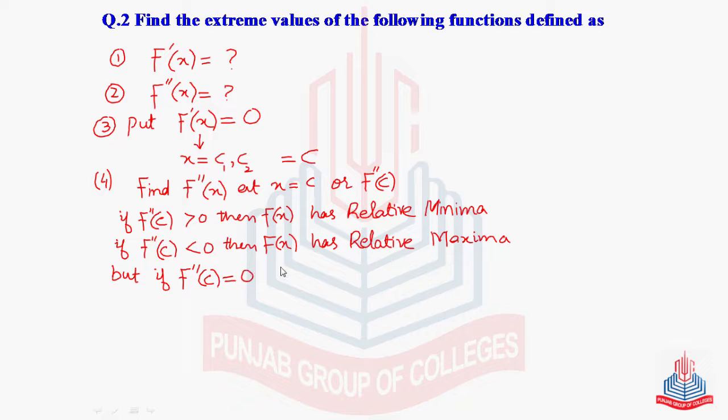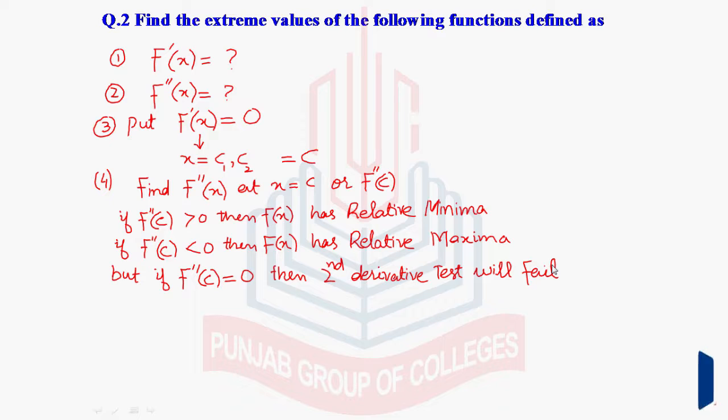Then our second derivative test will fail, and we will move towards our first derivative test and check the point of inflection, as we discussed in our theory applications. Now we will move towards question number 2 and repeat this procedure for every part and find the extreme values.